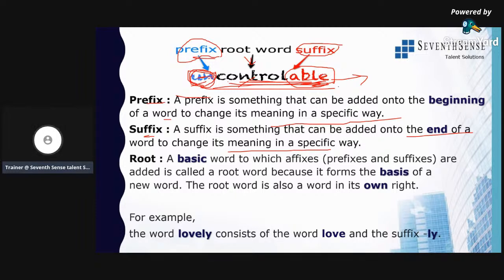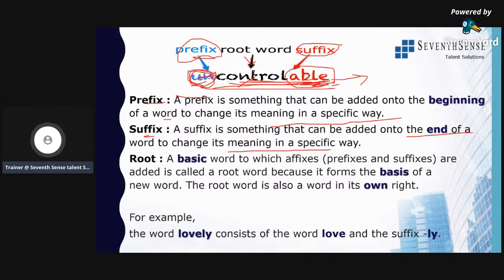See, able is nothing but ability. Ability is nothing but someone or something being capable of. If he is not capable, if we remove able, then it is uncontrollable, meaning he does not have the ability to control. It is just showing the ability.